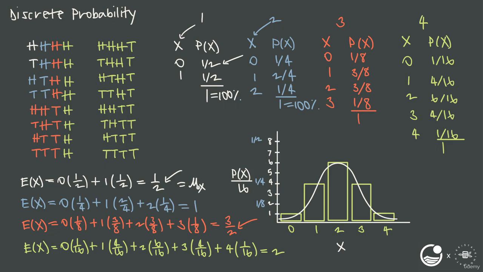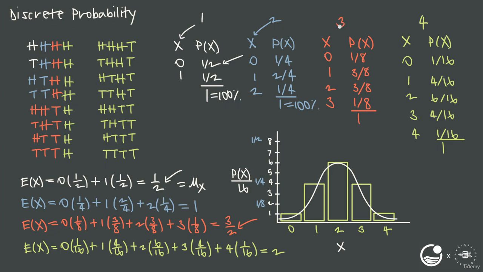This is mu sub x, and it represents the mean, and in the case of a discrete random variable, it's the expected value. But these odd values show us that the mean of a discrete random variable can turn out to be a value that is in between the discrete values that the variable can actually take on. So even though here this variable can only take on values of 0 or 1, we find a long-term average of 1/2.